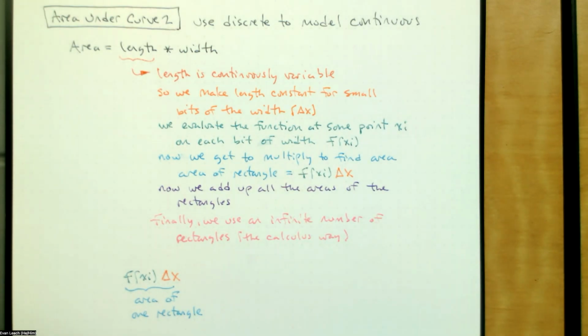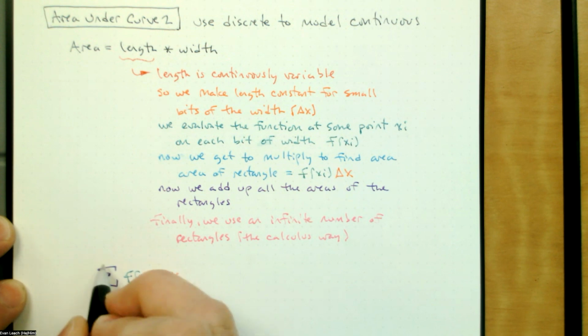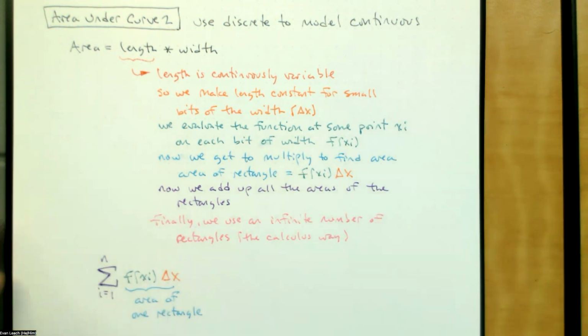The way we do that is we say, I'm going to make a sum. I'm going to use summation notation, and this might be new. I'm going to make a sum as i goes from 1 to n. That capital sigma is a symbol for a sum. The sum is i goes from 1 to n of f at xi times delta x.